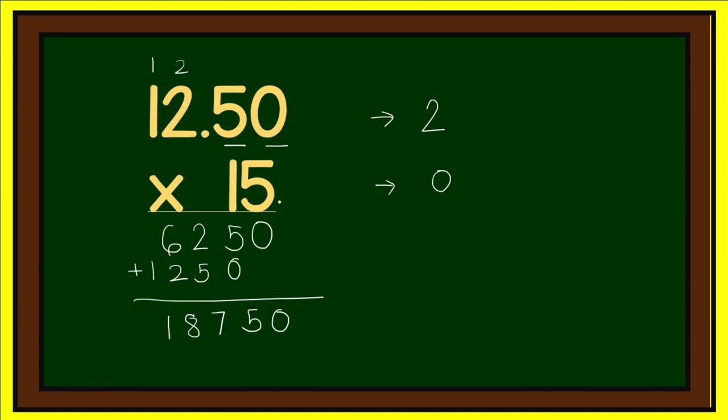Ang 15 ay whole number. So, meron tayong dalawang decimal places sa given, kaya sa answer, kailangan meron ding dalawa. So, 1, 2, and then affix the decimal point. So, the answer is 187 pesos and 50 centavos.